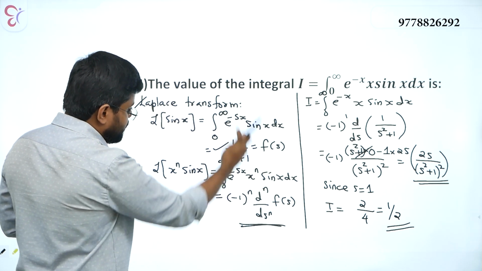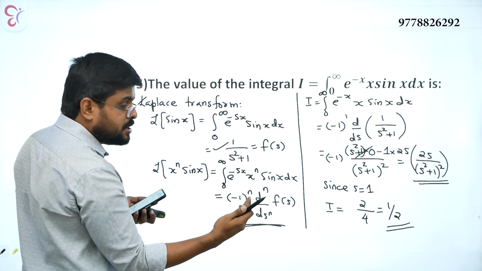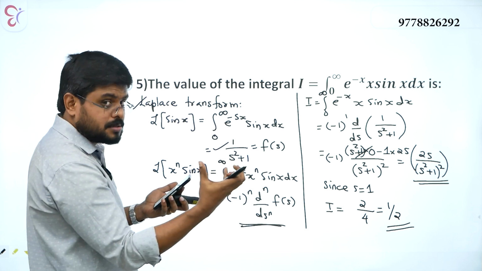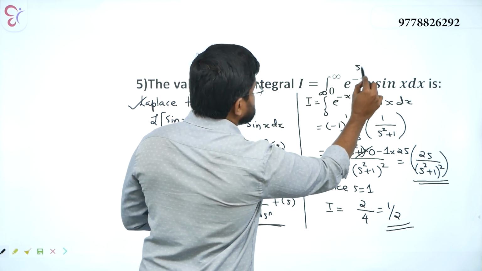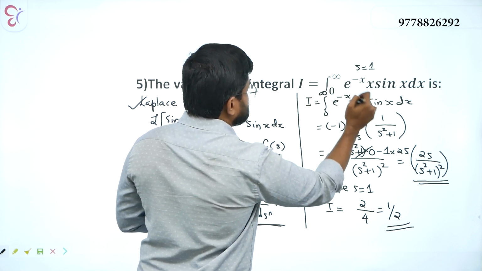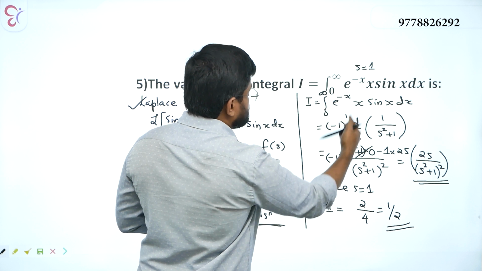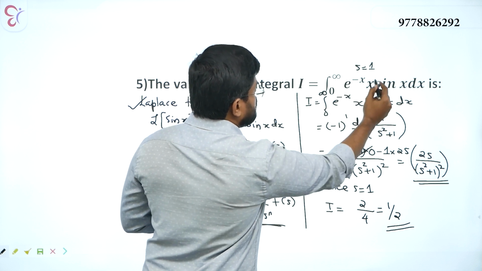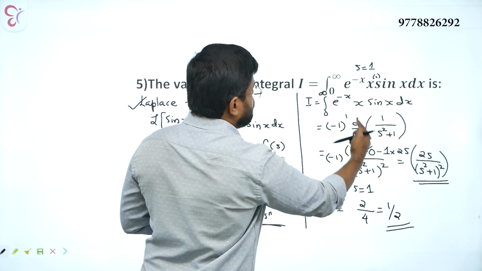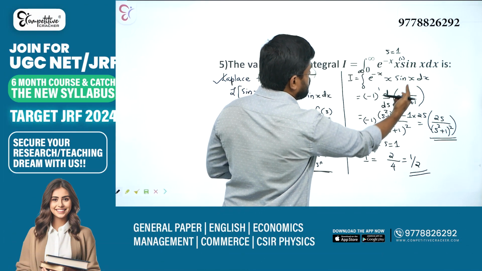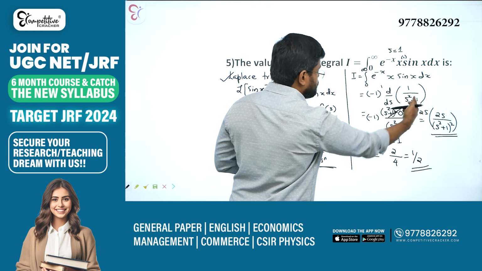If you have these two things in mind, and if you have practiced carefully, then by seeing this you can directly substitute s is equal to 1. Since n is equal to 1, it is x power 1, so minus 1 whole power 1, d by ds of f of s, which is 1 by s square plus 1.